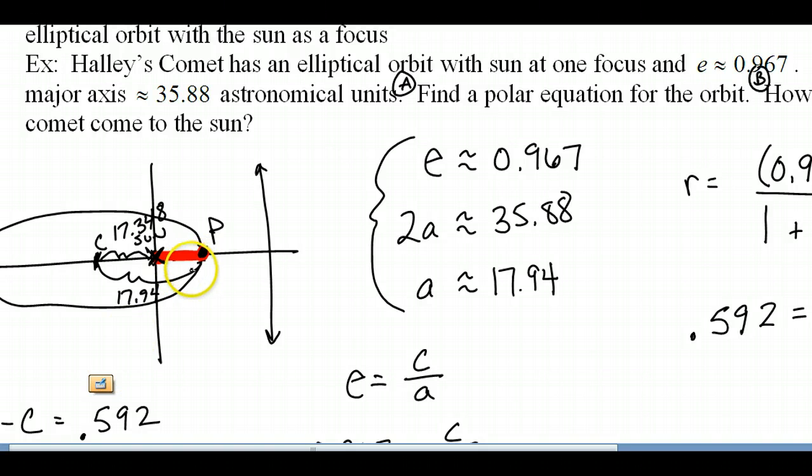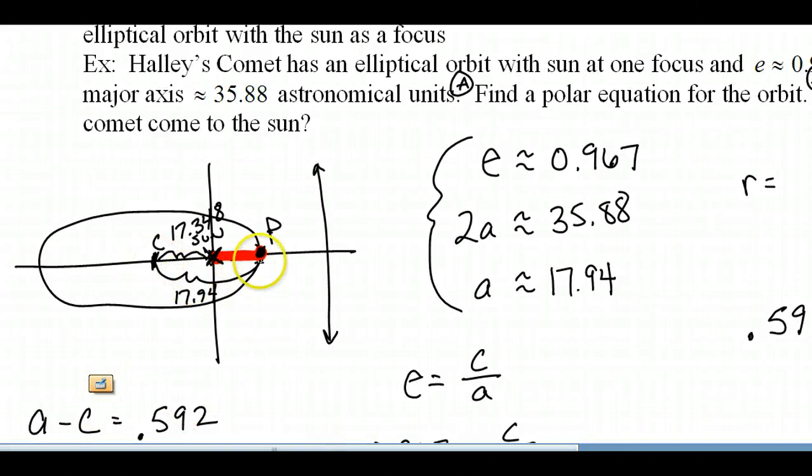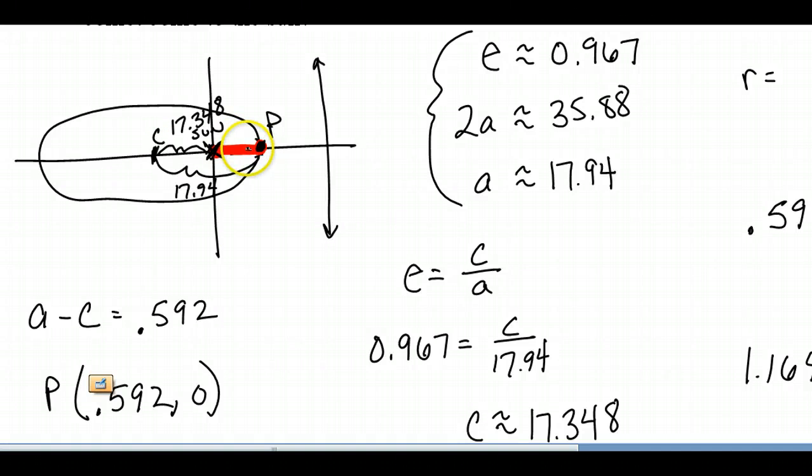We calculated this distance as A subtract C. And so we had the closest that it gets is 0.592 astronomical units. So that would be our closest distance, 0.592 astronomical units.